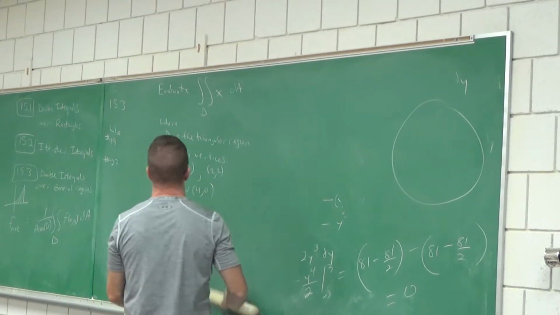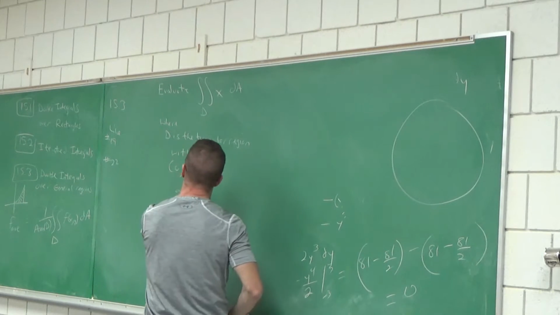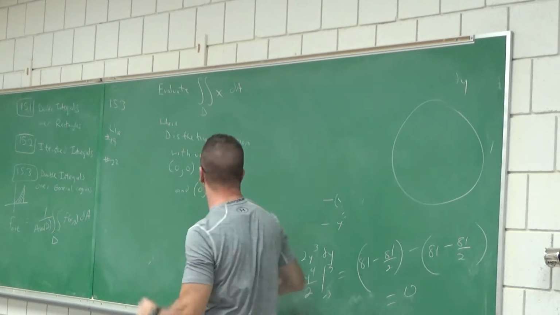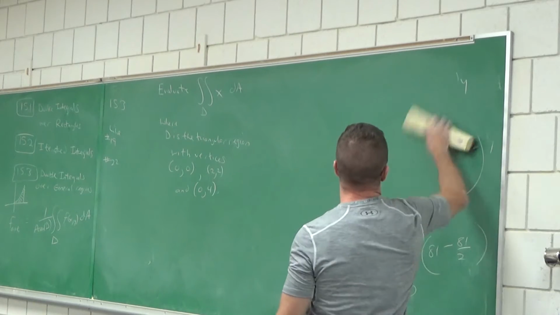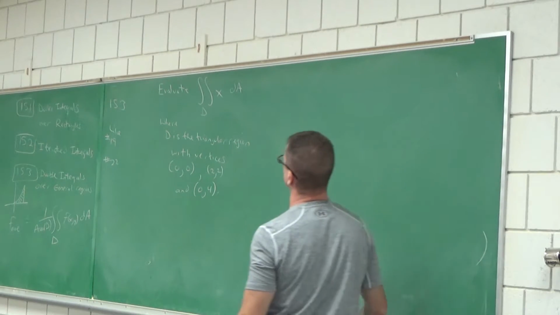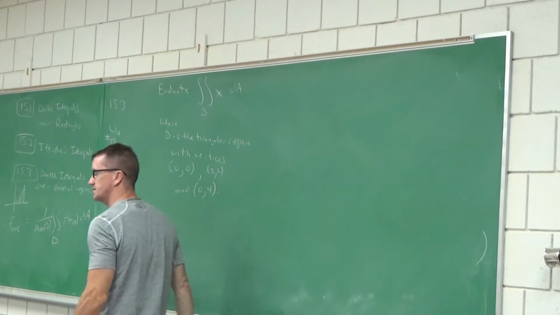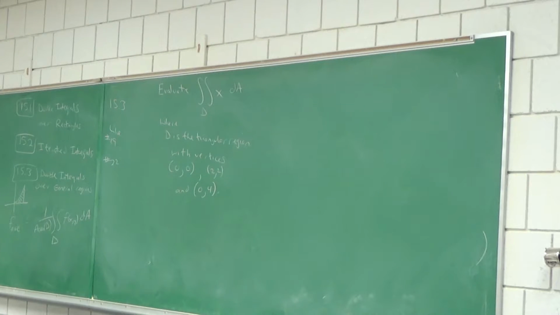Oh, hang on, 0, 4. This is like number 19 and 22 of the textbook. You can estimate this, because again, we're estimating net volume, right?